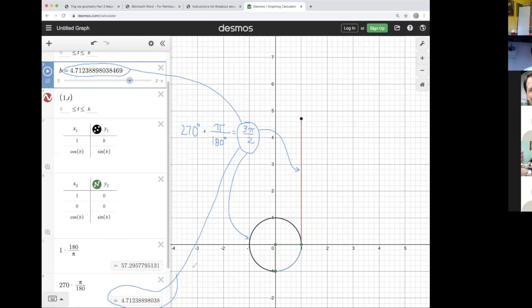So numerically, it's our B value, the same as 270 times pi over 180. And as far as a length is concerned, it's both the straight black vertical segment and the circular arc that goes from 0 to 3 pi over 2, or the 270 degree position, if you will. Wow, lots of connections there.